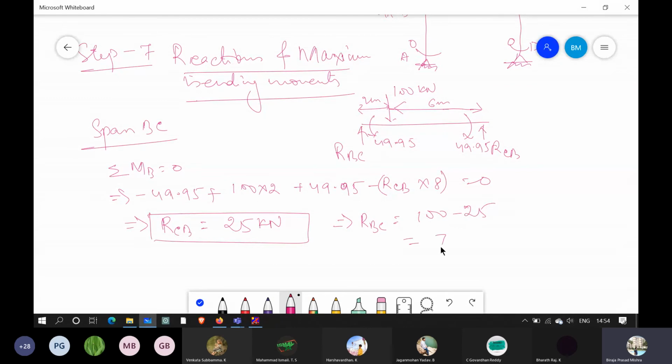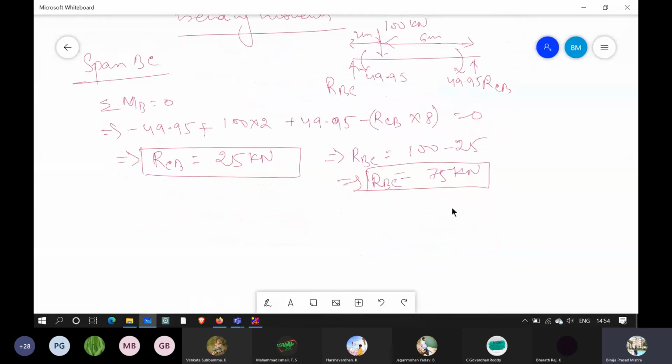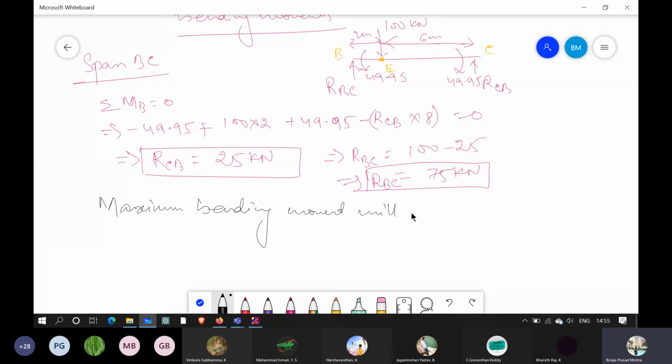Again we know that the maximum bending moment will occur at this point, and let us say this point is E. This is B, this is C, and this is the point E. So the maximum bending moment will occur at E, that is ME equals RBC into 2 minus 49.95.